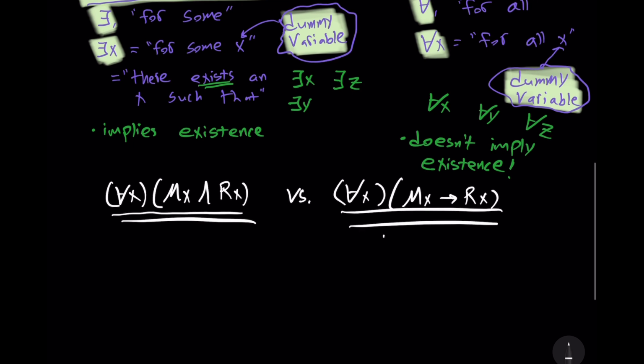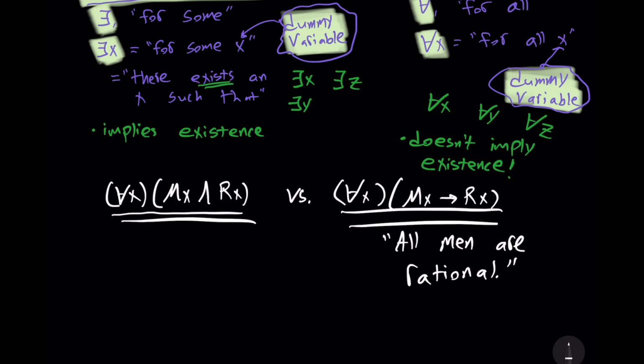Let's say this represents all men are rational. So capital M for men, capital R for rational. For all x, if x is a man, then x is rational.